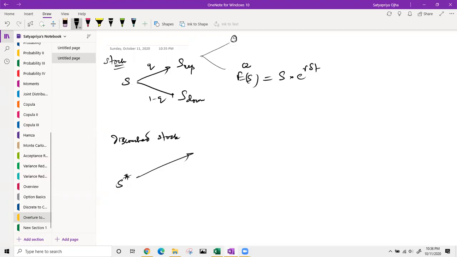So if this is a discounted stock price process, then the expectation of the discounted stock price in the future node is equal to S star.